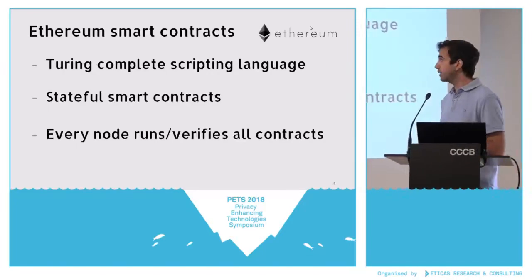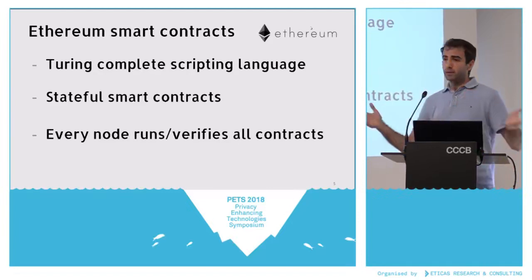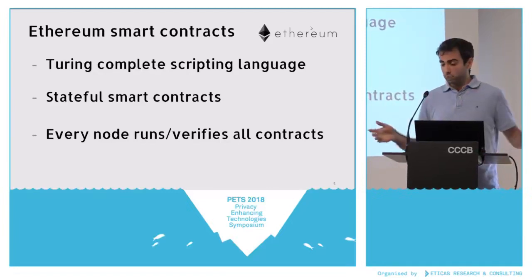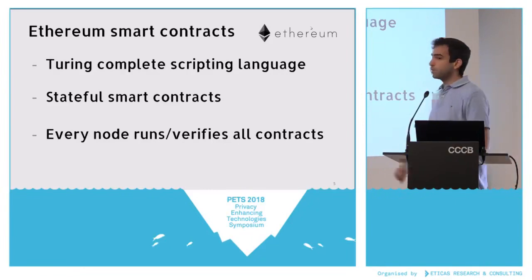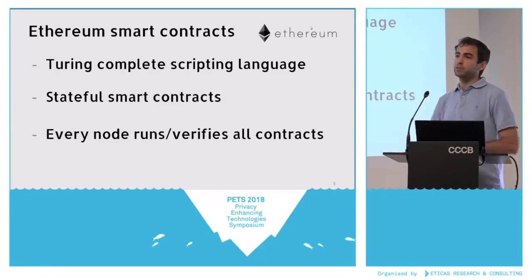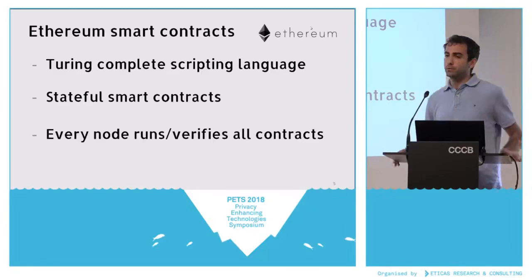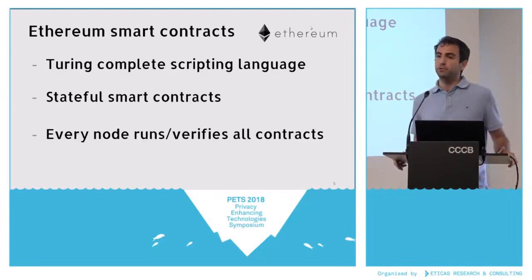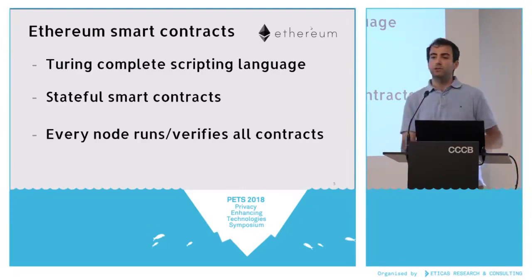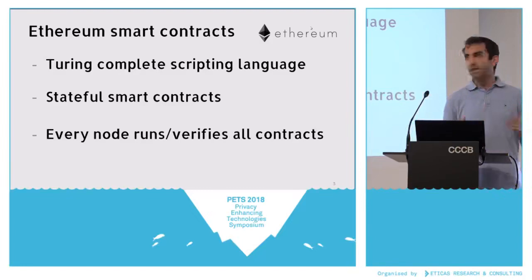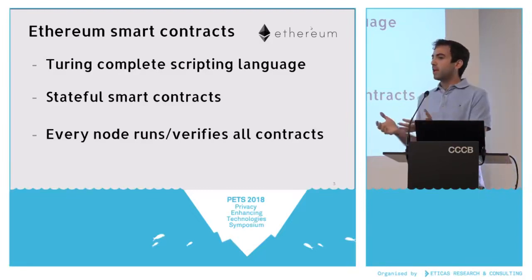As I mentioned, Ethereum is the biggest, largest, most mature project on smart contracts, and Ethereum has a Turing-complete scripting language, which means, in theory, subject to pretty restrictive limits on the amount of computation you can do, you can do arbitrary computation, whatever you want. And it allows for stateful smart contracts, so you can store state in the blockchain and update it.